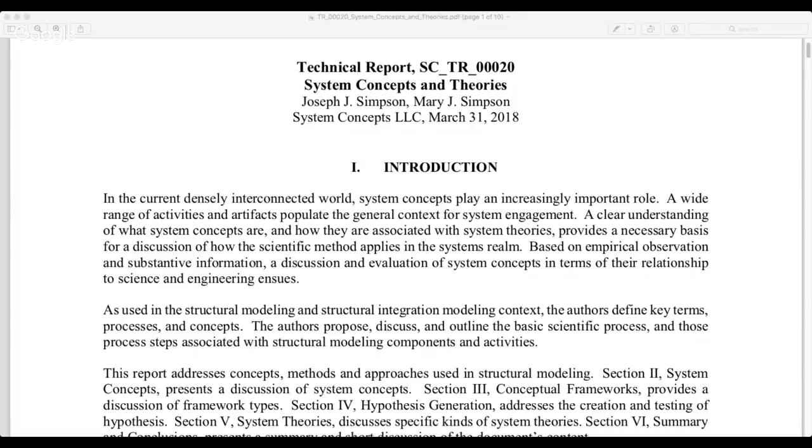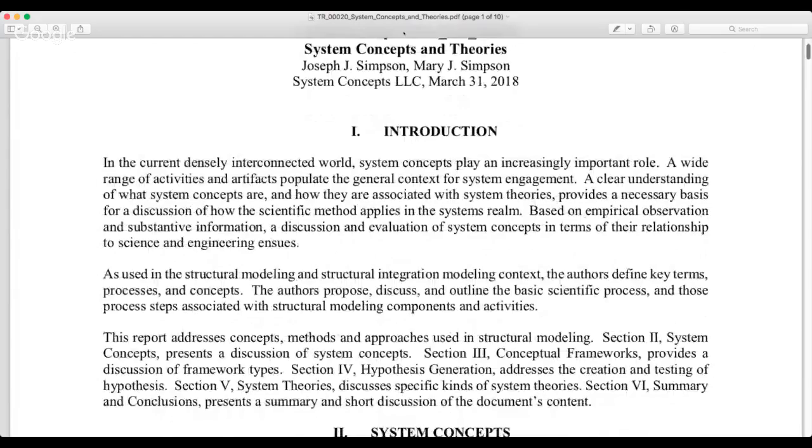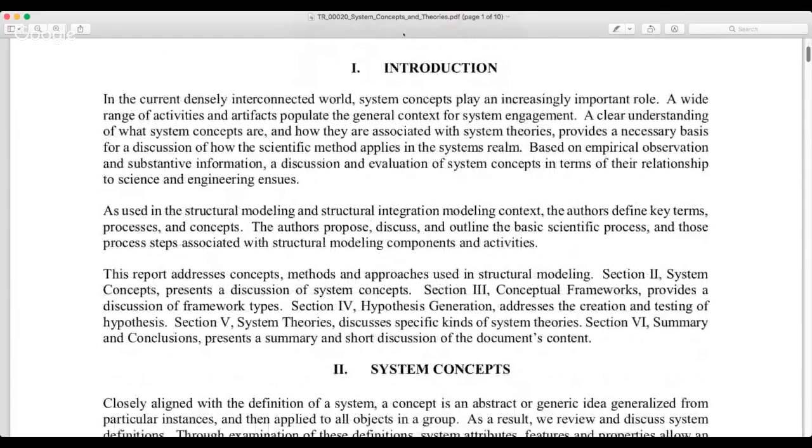So with that, I'll start walking through the read ahead here, because we're talking about system theories and system concepts as they're used in structural modeling and structural integration context. We'll define key terms, processes, and concepts, and discuss the basic scientific process, those steps in the structural modeling components and activities.